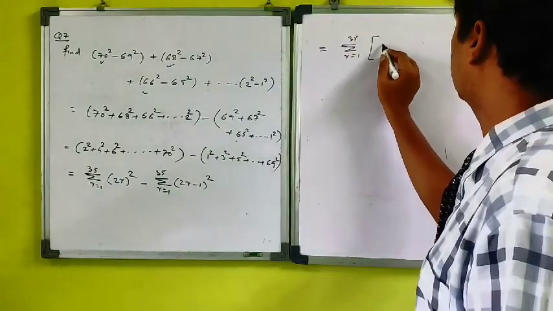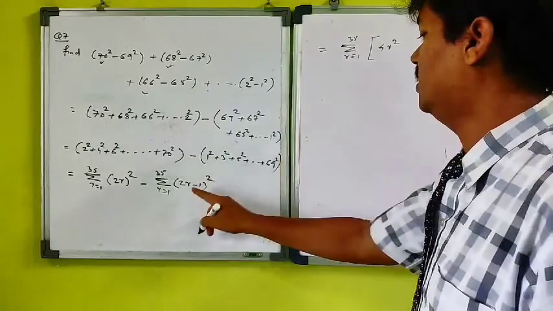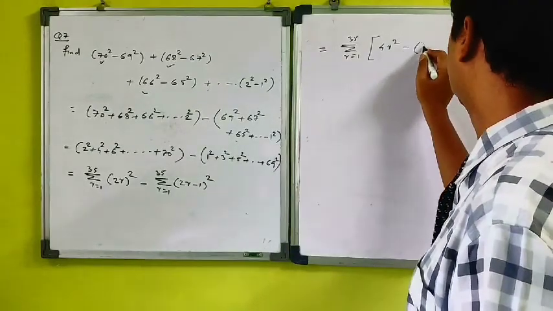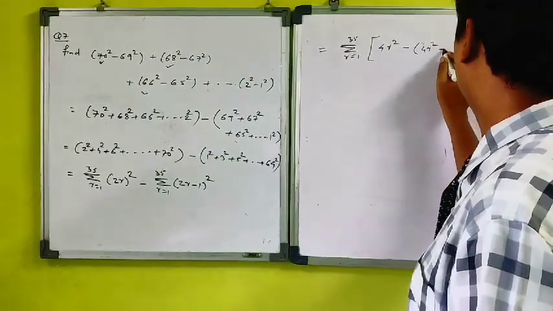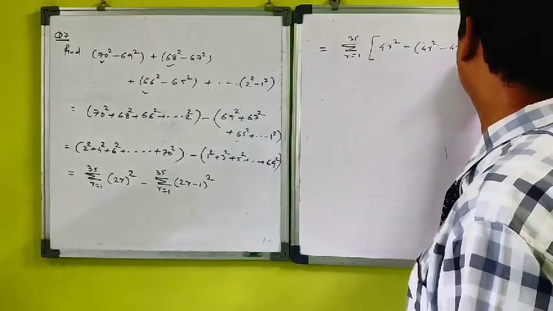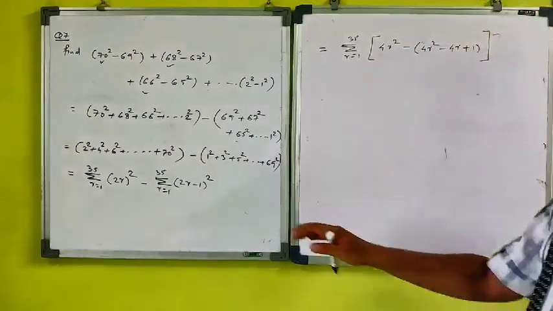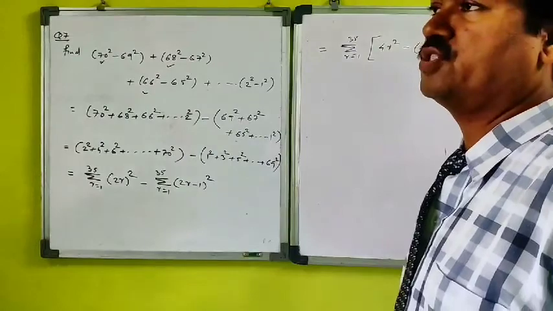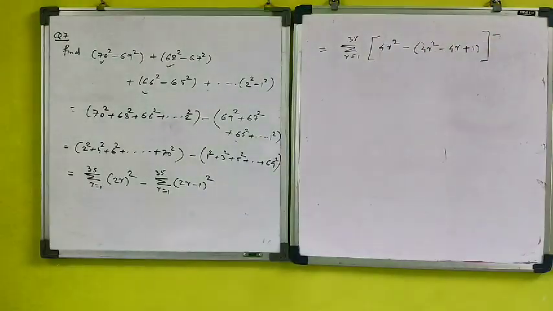So it is (2r) square minus (2r minus 1) whole square, that is 4r square minus 4r square plus 4r minus 1.